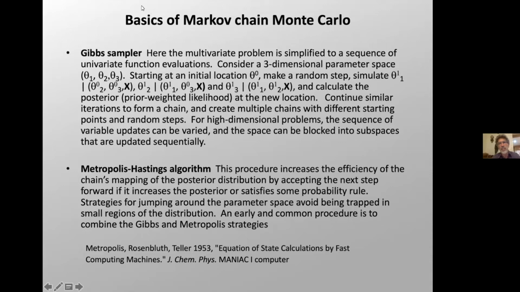So let's consider a three-dimensional parameter space, theta 1, theta 2, theta 3. These are the parameters in the model that I talked about before in Bayes' theorem. You've got to start somewhere. So let's start somewhere with a 3-vector starting location, make a random step, and then calculate the numerator of Bayes' theorem, or whatever function you want to calculate.